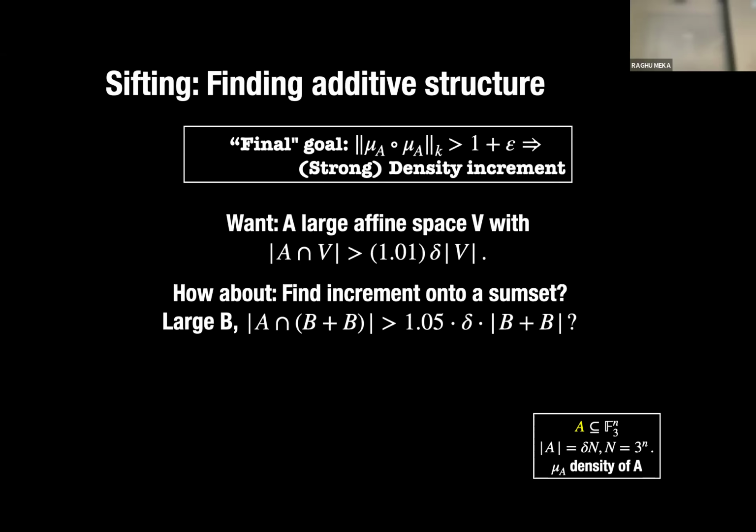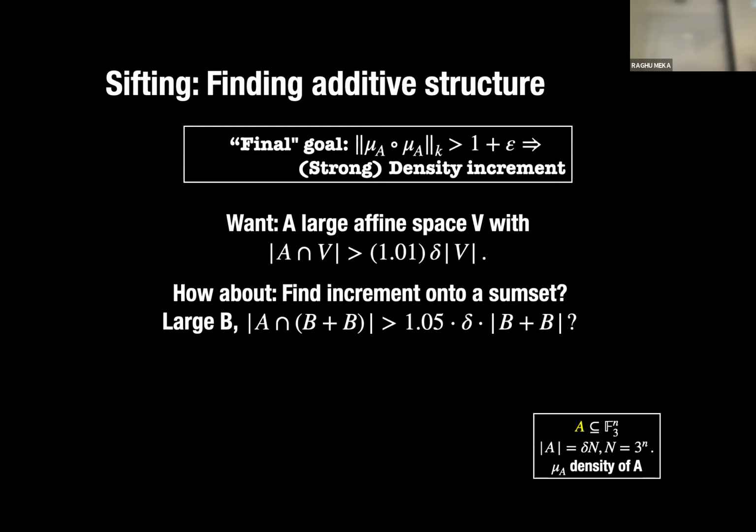Why is this easier than finding a subspace? If I have a subspace, then V plus V is V. When I add two elements in the subspace, I stay within the subspace. That's the definition of a subspace. So we are saying, let's assume that the most important property of a subspace is that when I add two elements in the subspace, I stay within the subspace.